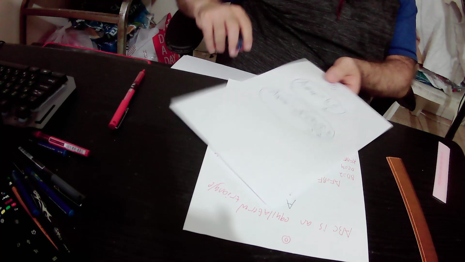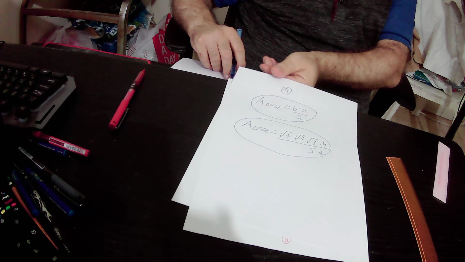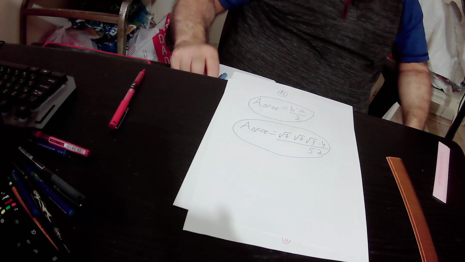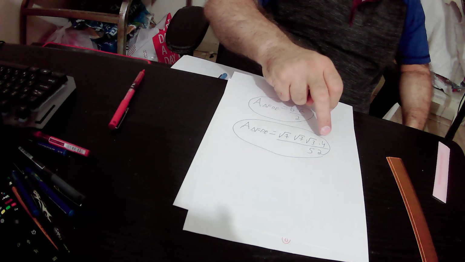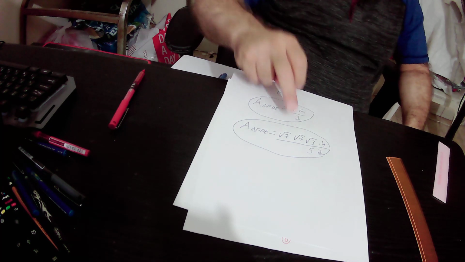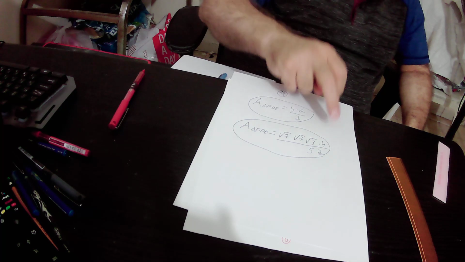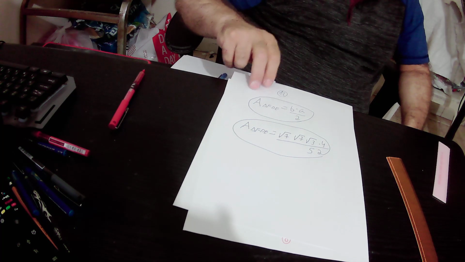We got that the area of the green triangle FDE equals root 7 times root 7 times root 3 times 4 over 2. Root 7 times root 7 is 7, and 4 over 2 is 2, so I write it down.